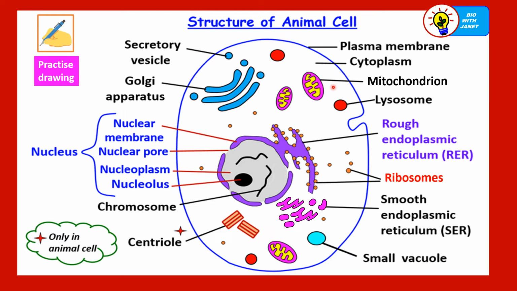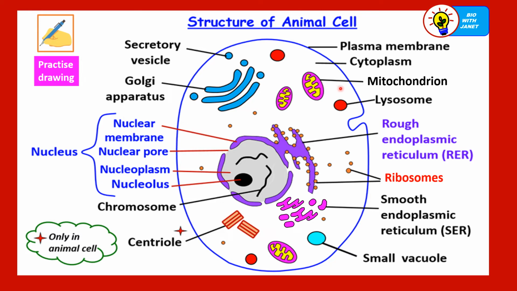Next, we have the mitochondrion, which is known as the powerhouse of the cell, because it generates energy through the oxidation of glucose during cellular respiration, generating energy for cellular activities.